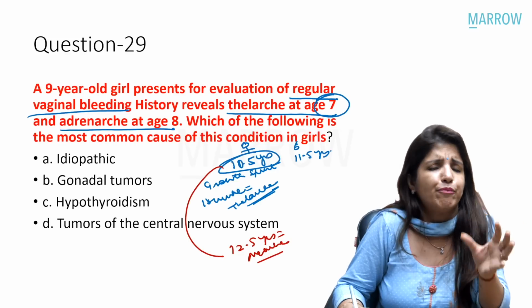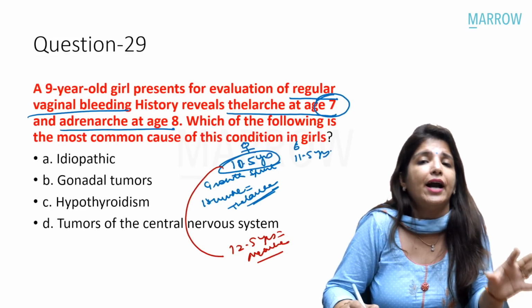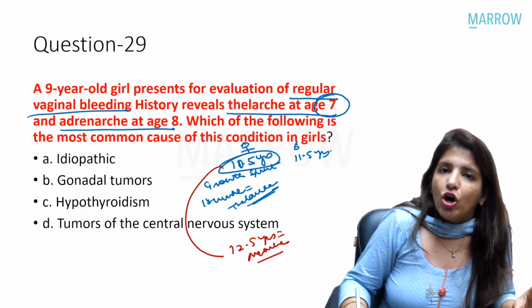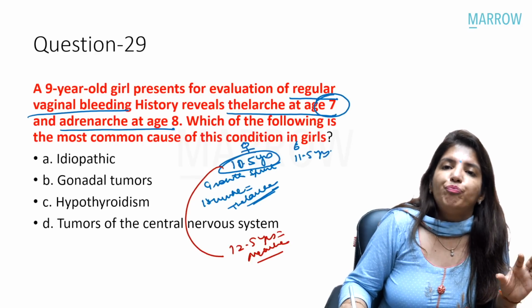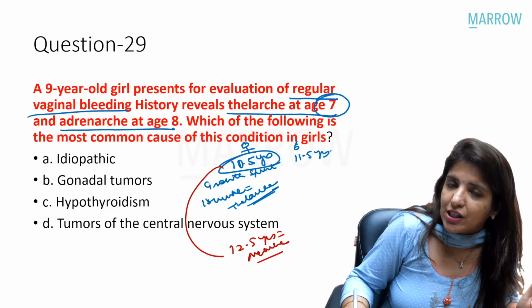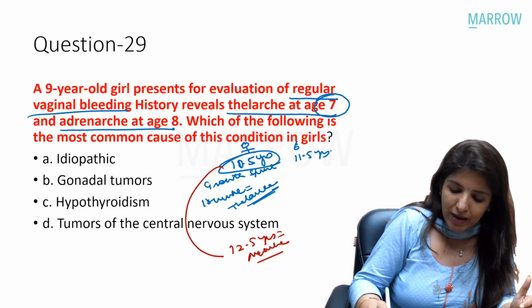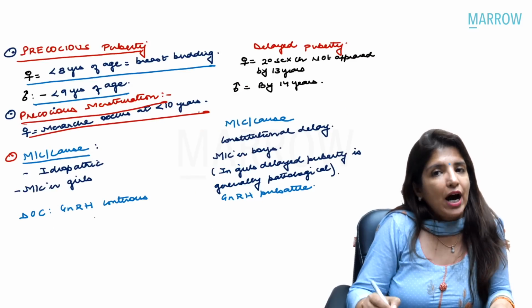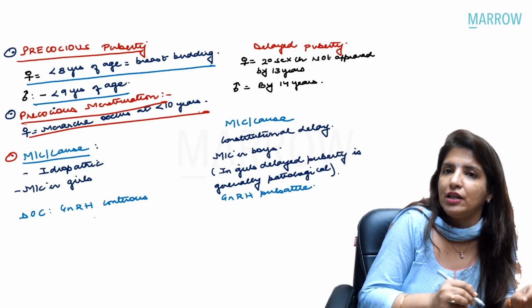There is generally a gap of 2 years between breast budding and the onset of menstruation, right? So if precocious puberty means breast budding at less than 8 years of age, how do you define precocious menstruation? If menarche begins at less than 10 years of age.